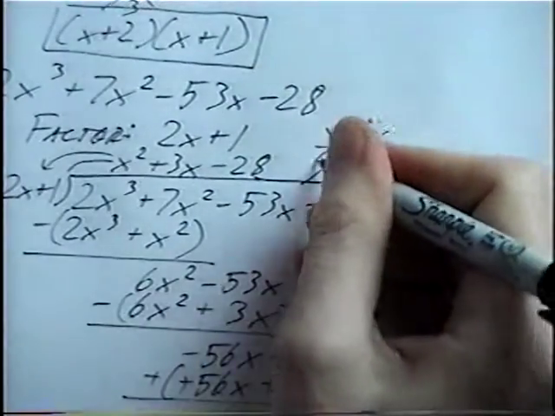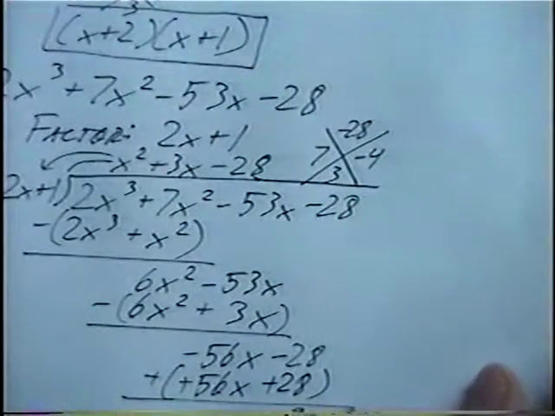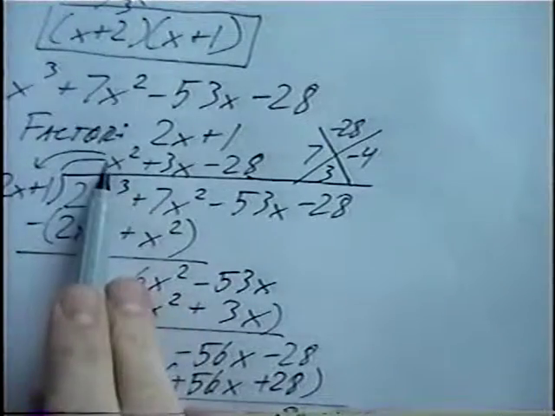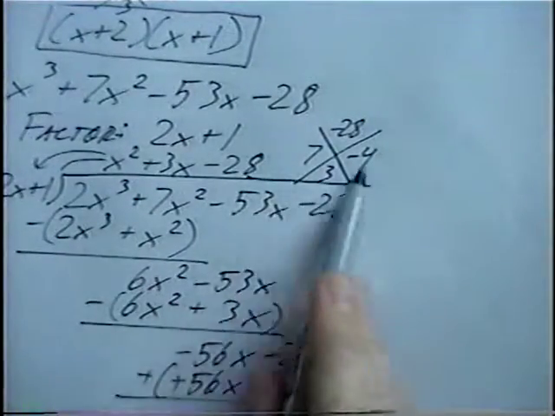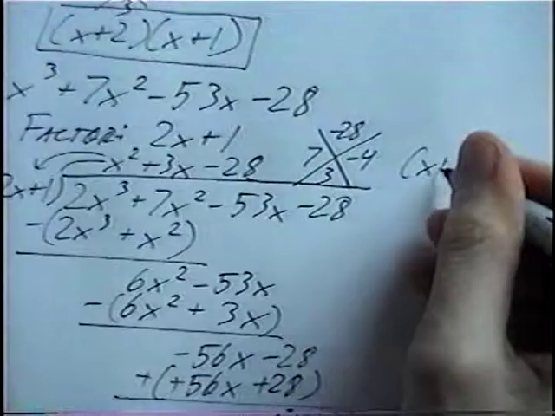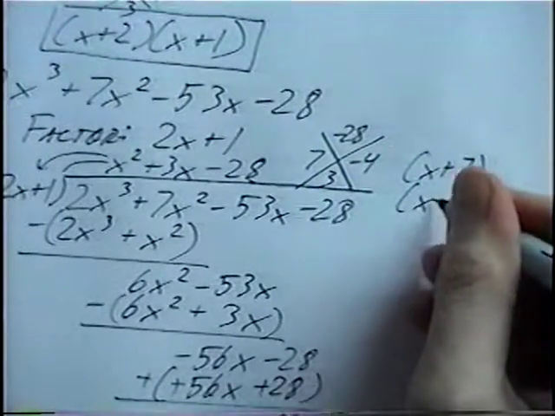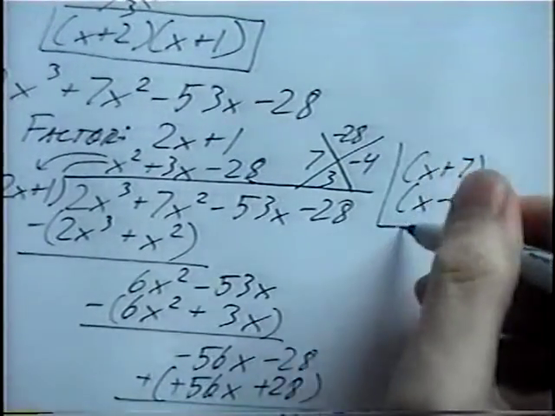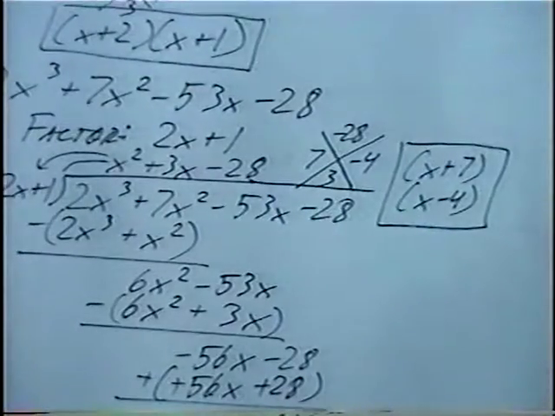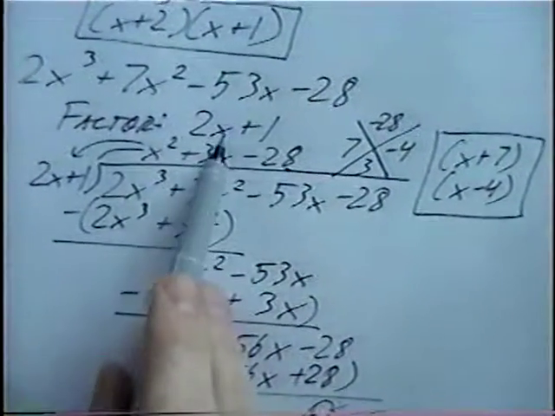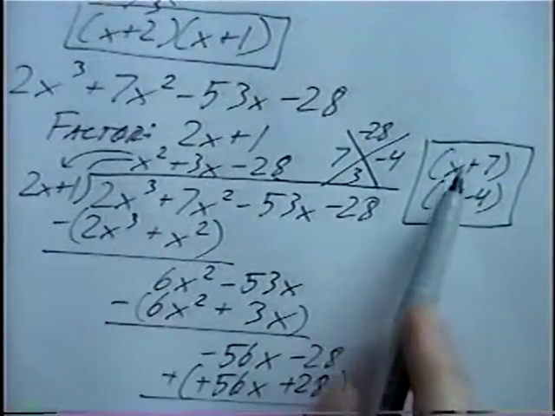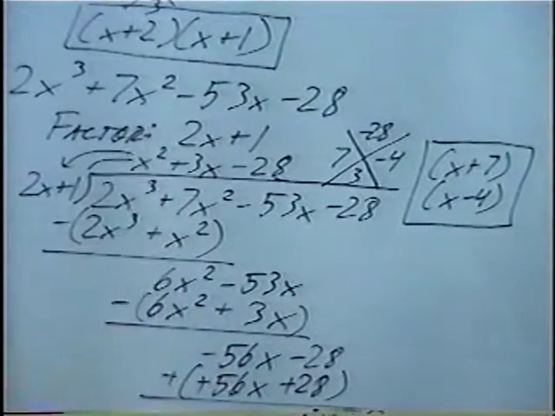And that would be 7 and negative 4. Since our coefficient of x squared is 1 again, these will be your answers: x plus 7 and x minus 4. So again, given one factor, 2x plus 1, you can find the remaining factors of this polynomial.